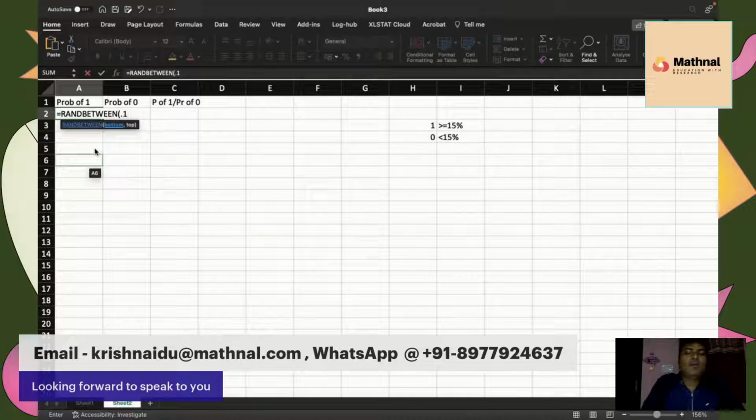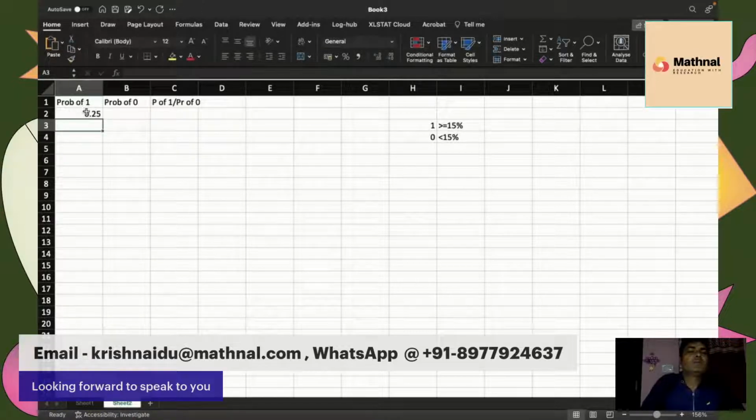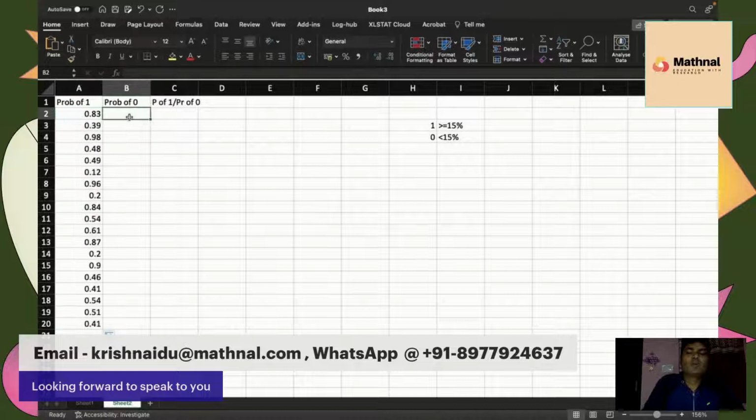RANDBETWEEN 1 comma 99, and I'll divide it by 100. So I'm getting probability values, and I'm going to build a distribution. And what is probability of 0? That is nothing but 1 minus probability of 1.